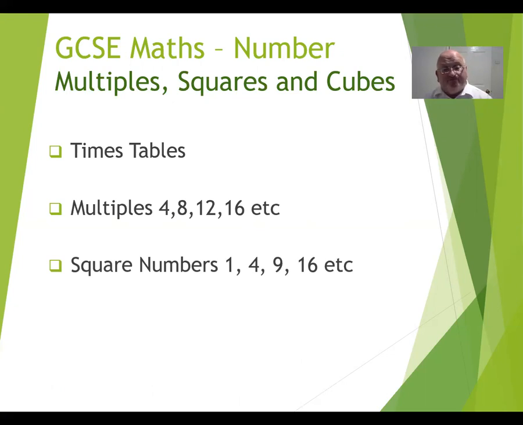Now, they are numbers where you multiply the same number by itself: 1 times 1, 2 times 2, 3 times 3. It makes more sense when you get onto the calculator areas why they're called square numbers. But square numbers are numbers where you get the same number multiplied by itself. And by extension, cube numbers are numbers where you get the same number multiplied by itself an extra time.